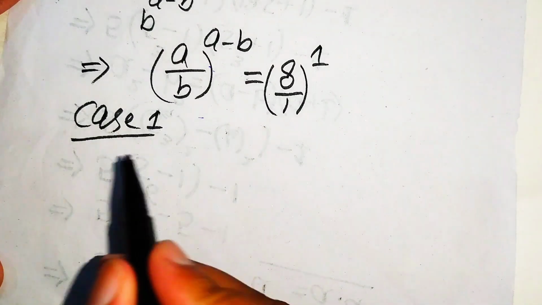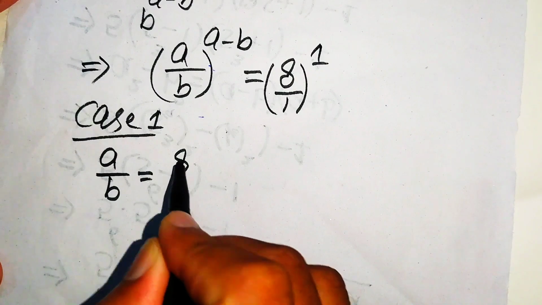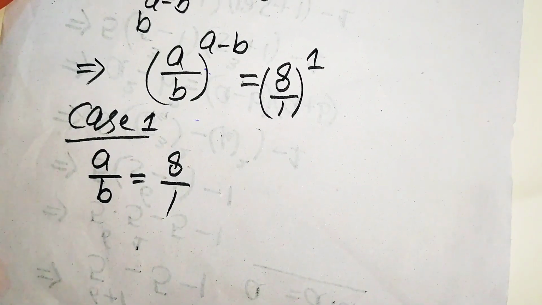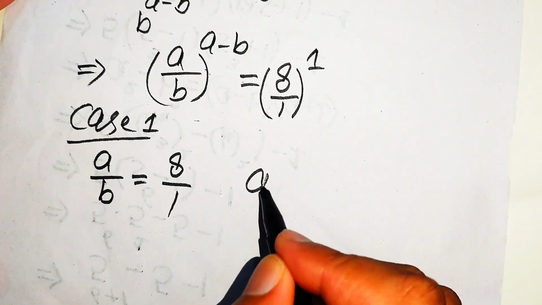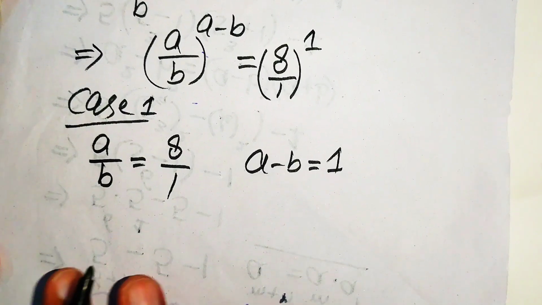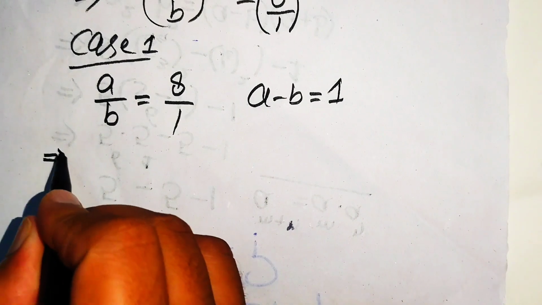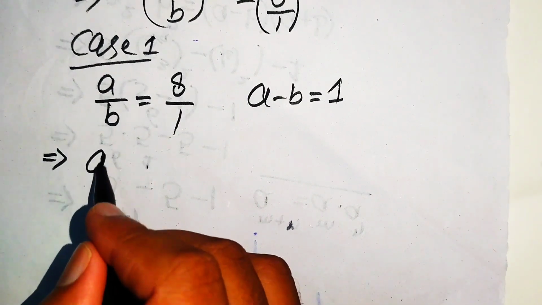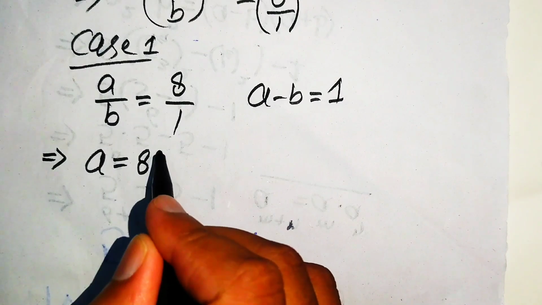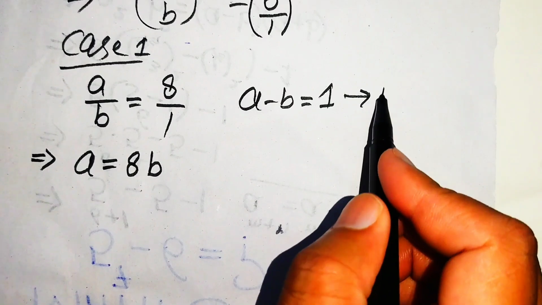When you compare its bases, we get here a over b equals to 8 over 1, and when we compare its exponent, we write it as a minus b equals to 1. So here we solve these two equations, and we obtain a equals to 8 times of b, and we call this equation number 1.